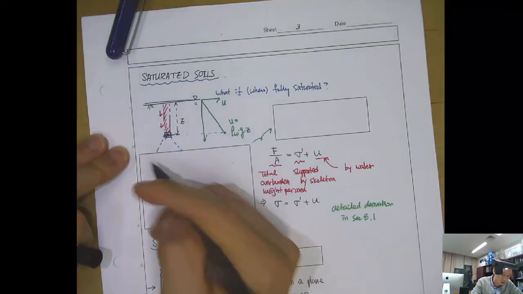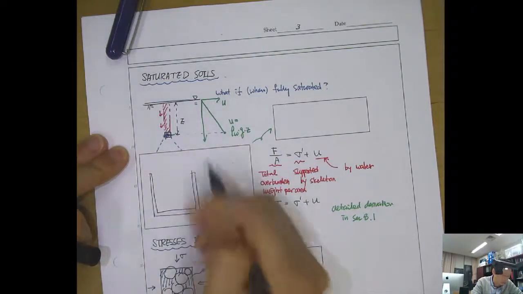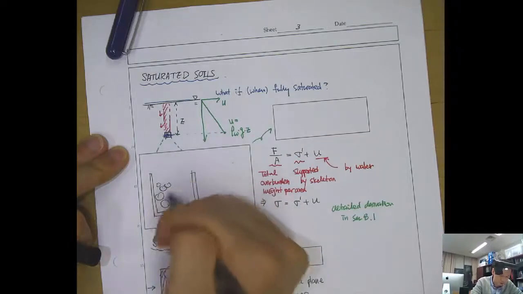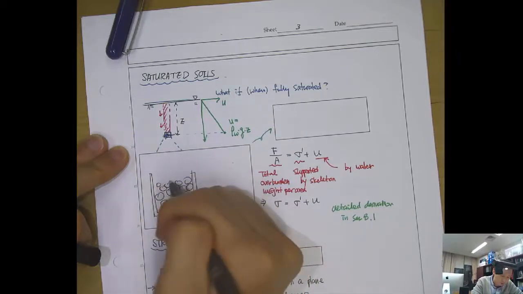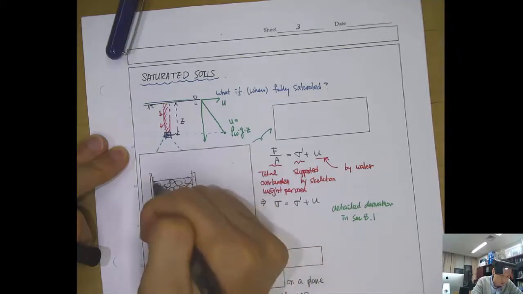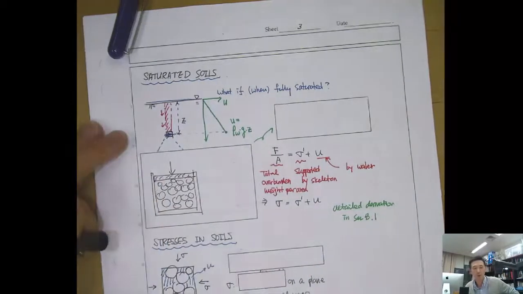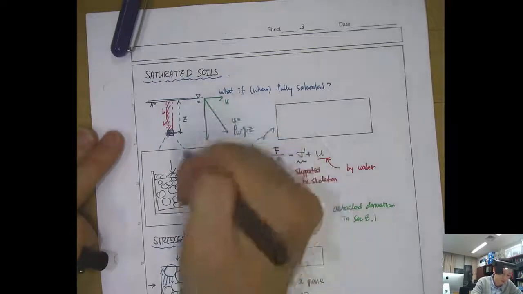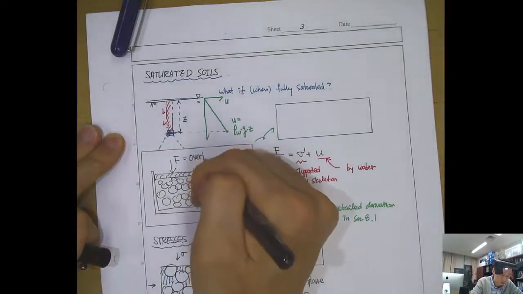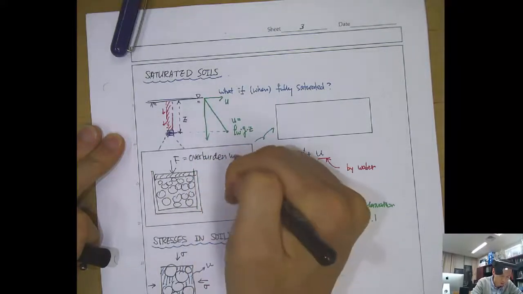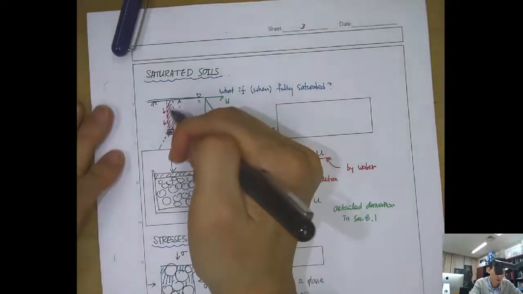Here will be some grains, like soil in a container with a lot of grains inside. And there will be an overburden weight, F, which is the same as the overburden weight of the soil column here.